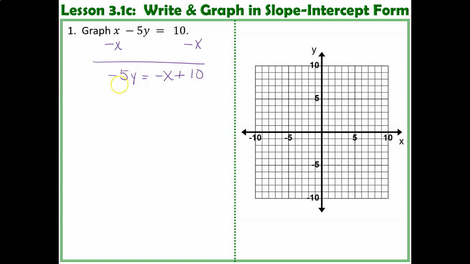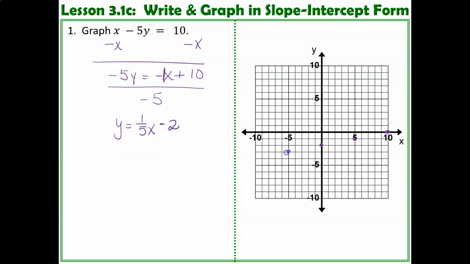The super tricky thing here is when you're dividing everything by negative 5 to get y by itself, there's a 1 here. So this becomes y equals negative 1x divided by negative 5. So that becomes 1/5 x. And 10 divided by negative 5 is negative 2. Okay, so let's graph. So I have negative 2, and then I'm going to go up 1 over 5, up 1 over 5.